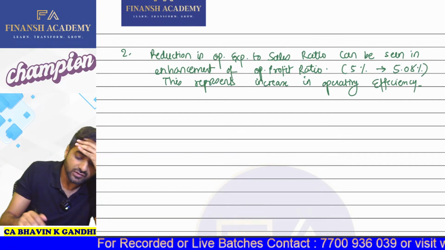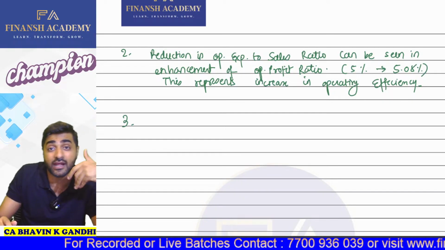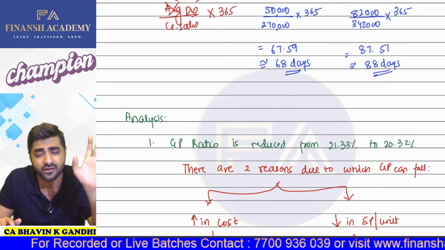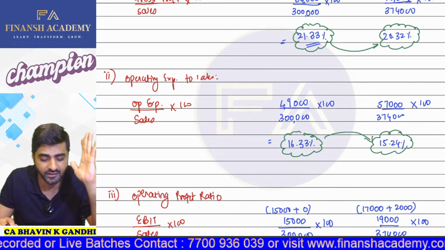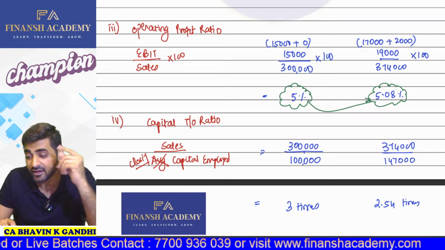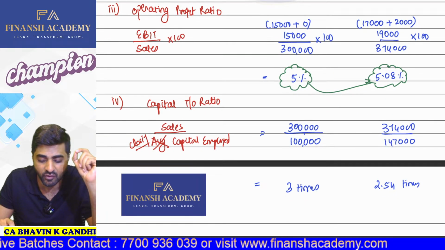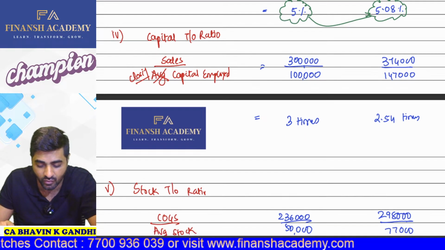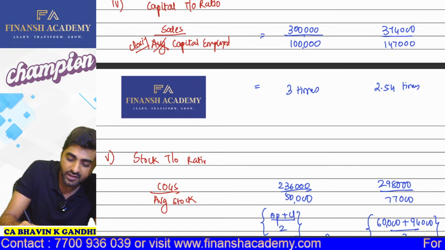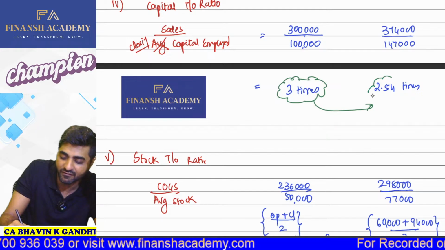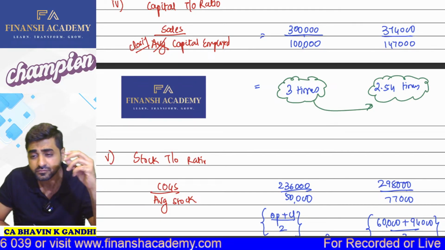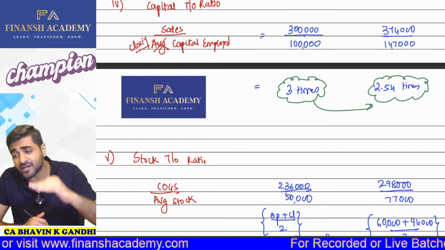Okay. Third part. I know it's going to take more and more time for me only to complete it, but it's okay. If we are doing it, we'll do it very, very thoroughly. The third thing which we have is your operating profit. Fourth is your capital turnover ratio. Now, what is happening to the capital turnover ratio? See, your capital turnover ratio from 3 times is getting reduced to 2.54 times. So, can I say your capital turnover ratio is reducing?